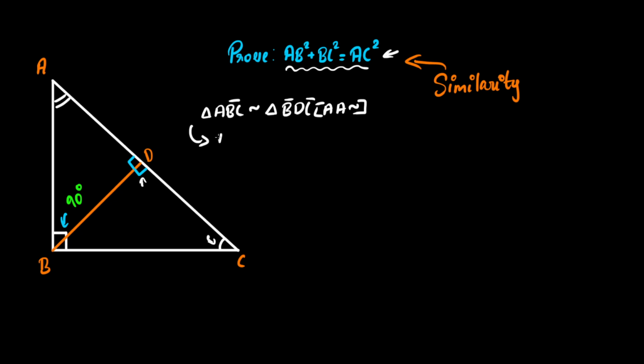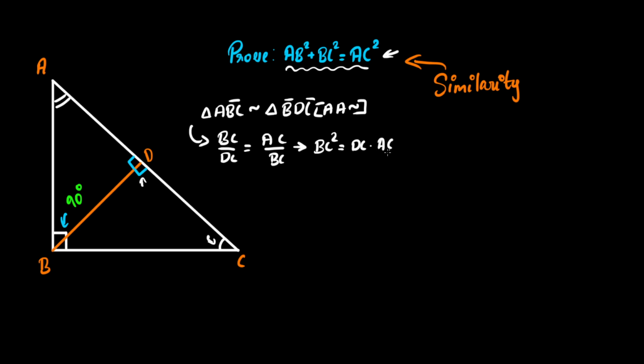From that, I can see that BC by DC is equal to AC by BC. By rearranging, I get BC squared is equal to DC times AC.